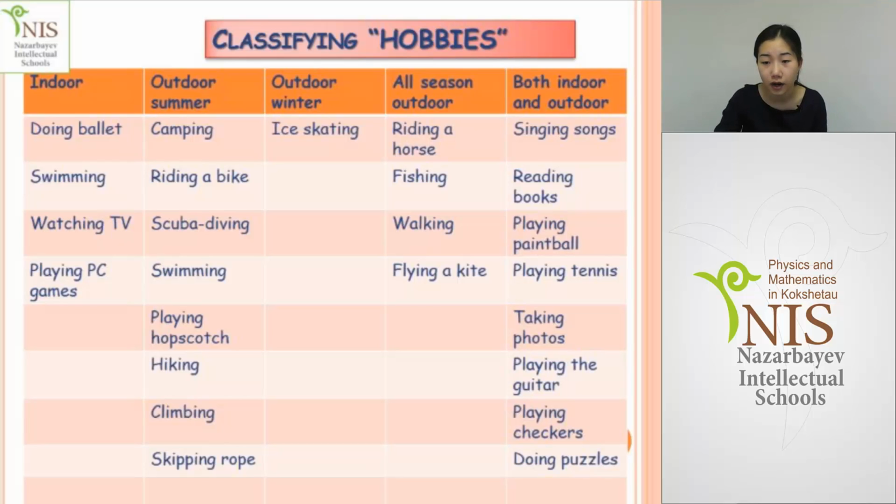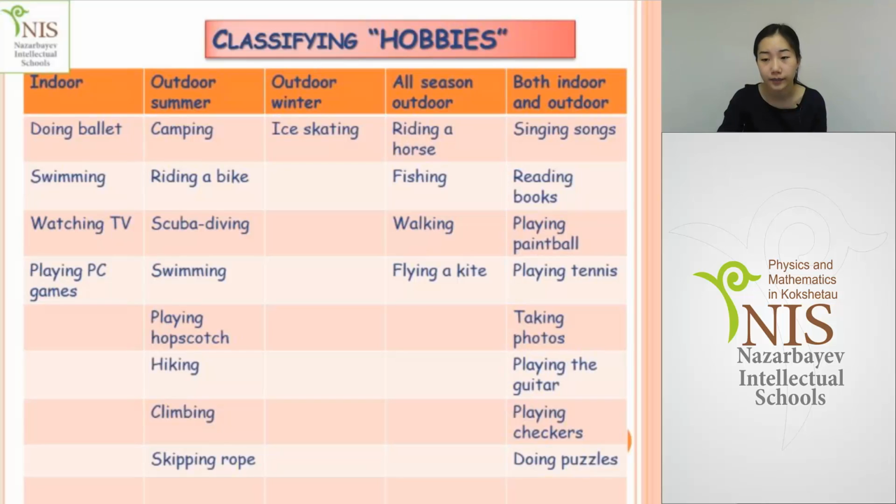All season outdoor are riding a horse, fishing, walking, and flying a kite. Both indoor and outdoor activities we can classify such as singing songs, reading books, playing paintball, playing tennis, taking photos, playing the guitar, playing checkers, and doing puzzles.